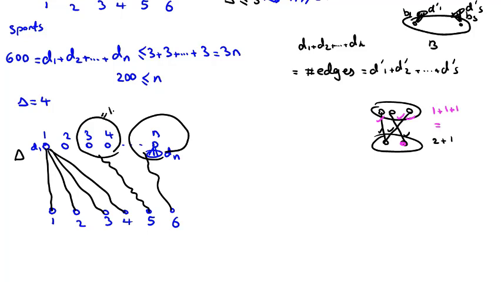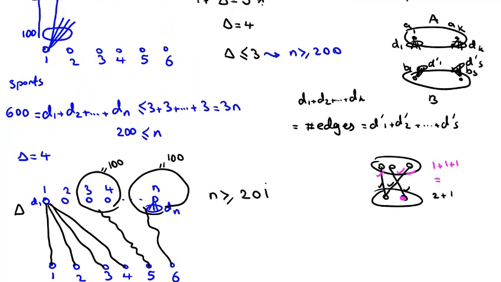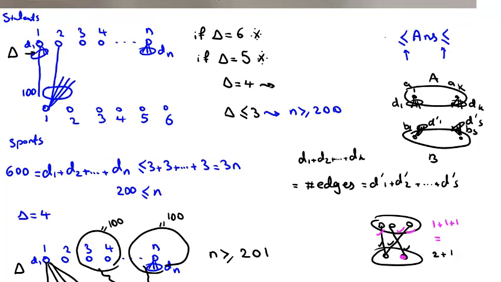Here we have exactly 100, because 5 is connected to 100, as the problem says. Here also sport number 6, 100. So n here is at least 100 plus 100 plus 1, which is 201. So if we consider all cases, n is at least 201.